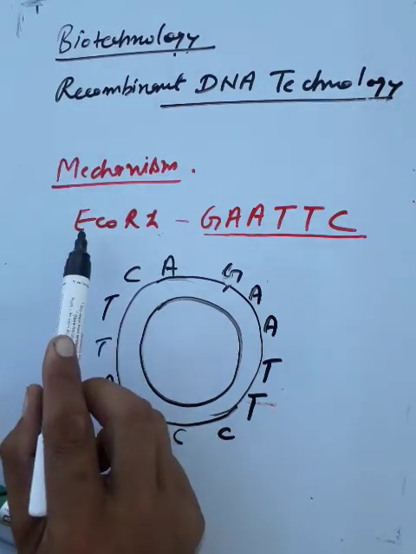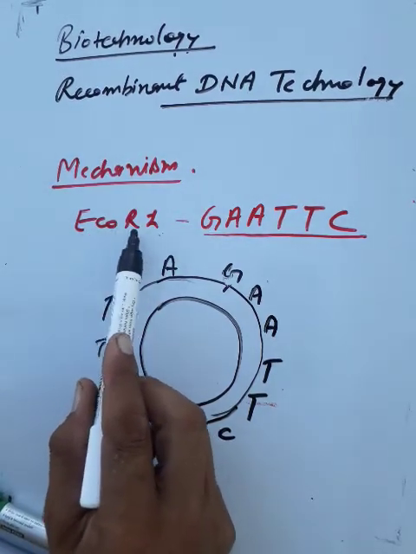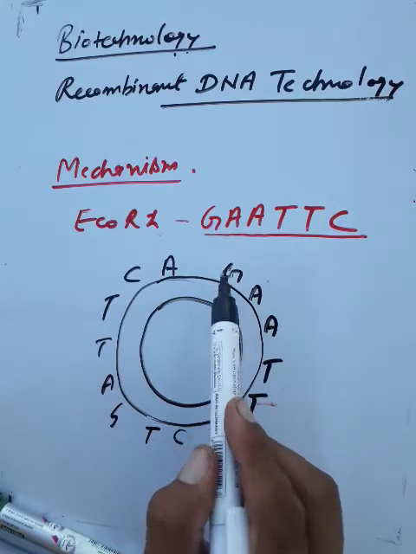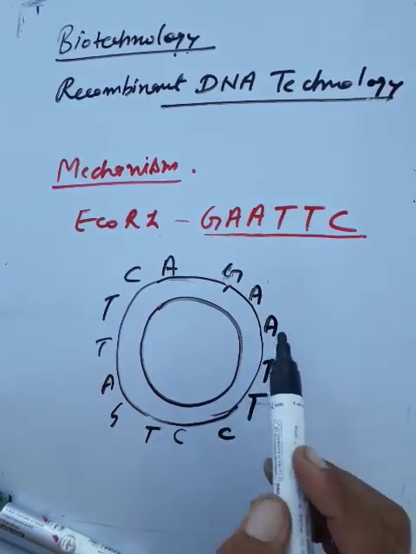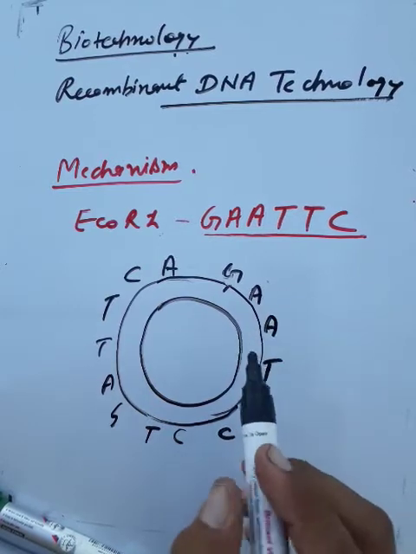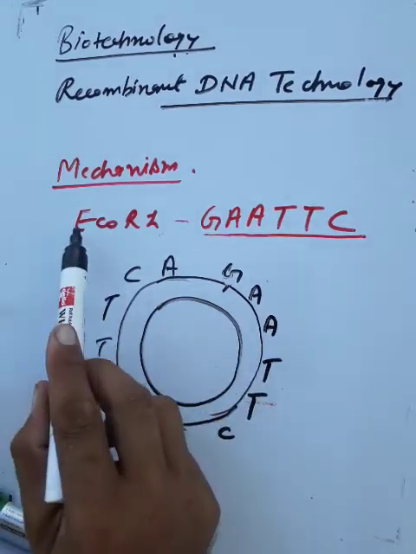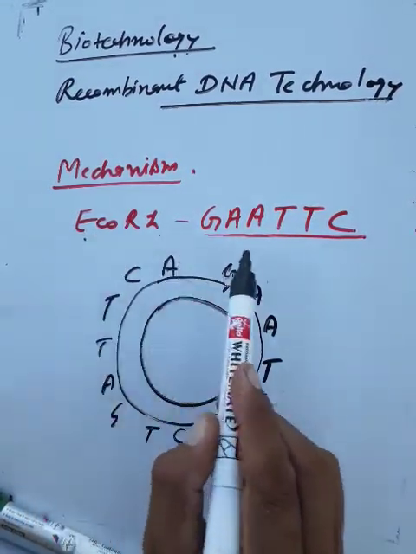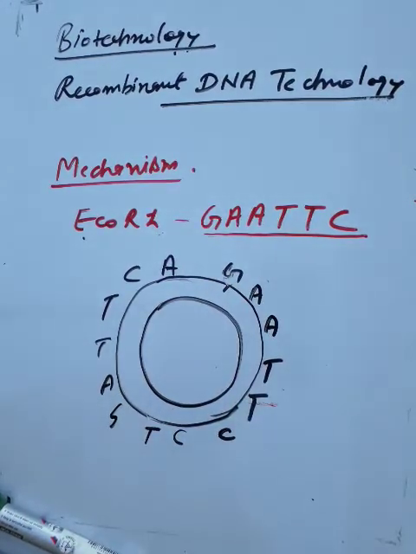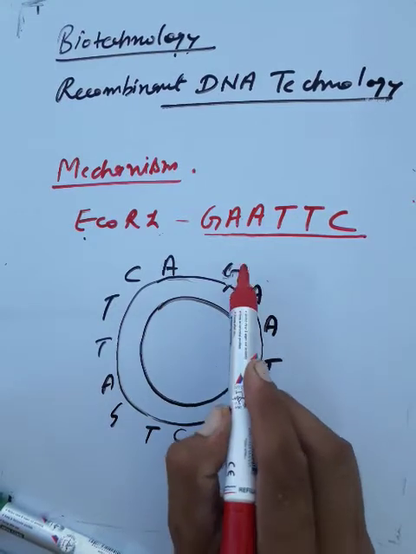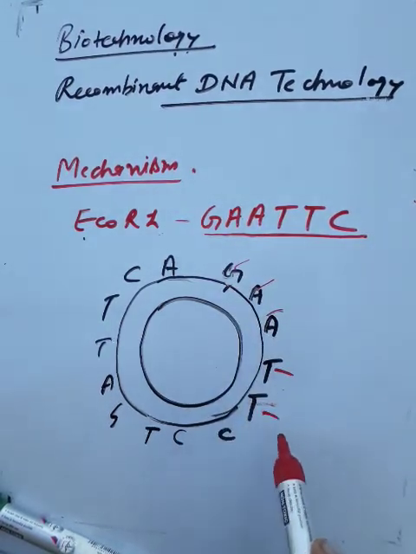What is the function of restriction endonuclease? First, it will identify the specific base pair sequence. It has a 6 base pair sequence, known as a palindrome. The enzyme identifies this specific sequence from this DNA.